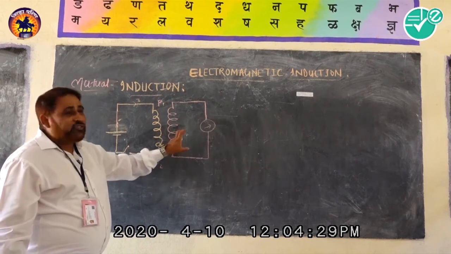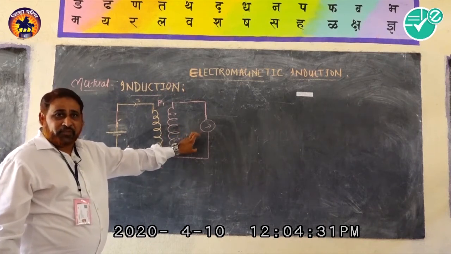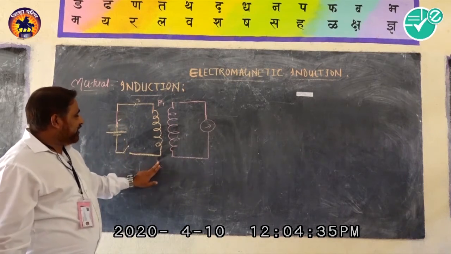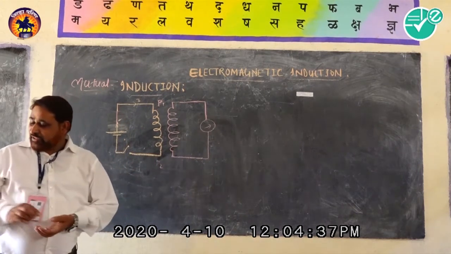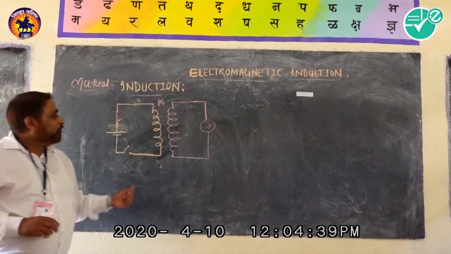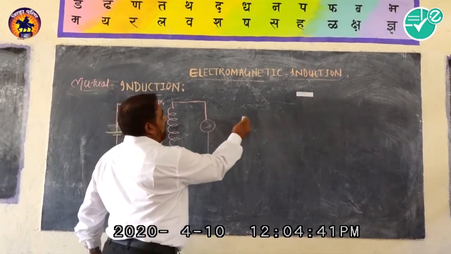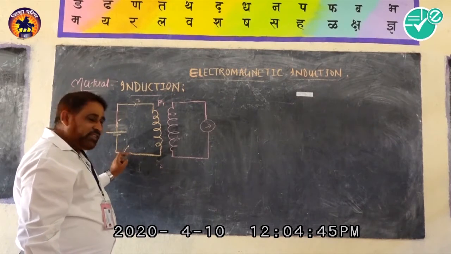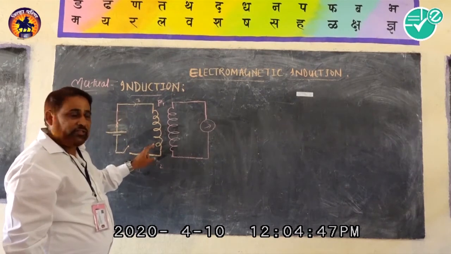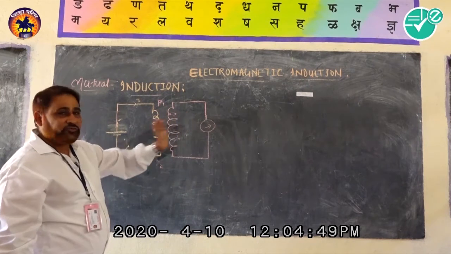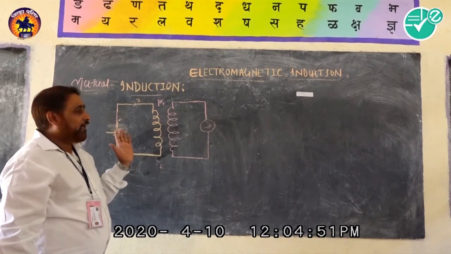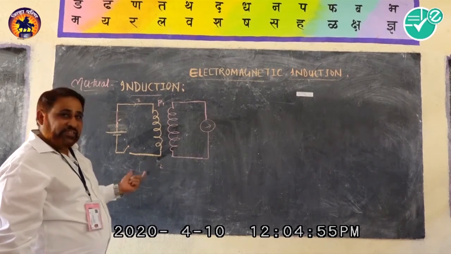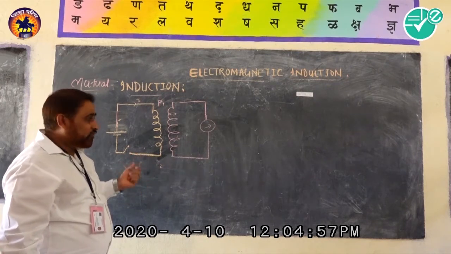Means induced EMF is created here due to the change in flux here. So let us see here the derivation of this particular mutual induction. Again, if you increase the current by closing the key, if current passes through the circuit, the flux associated with the coil increases and the EMF increases. If you decrease the current, the flux decreases and the EMF also decreases.